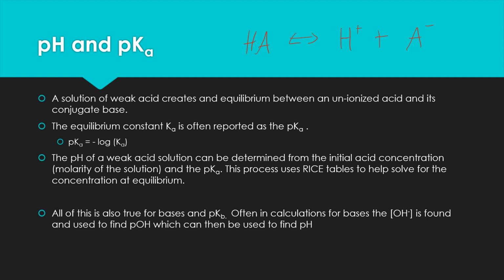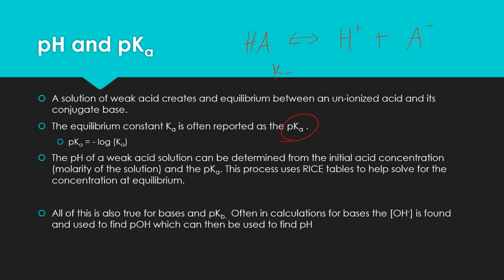The equilibrium constant for this, sometimes instead of being reported as Ka, is reported as the pKa. Now we see that P in front, just like we see it in front of the pH, so it's calculated the same way as pH. Instead of the negative log of the hydrogen, though, it's the negative log of the Ka value. It does a similar thing to our numbers: we get rid of those scientific notation exponents, which kind of simplifies things.